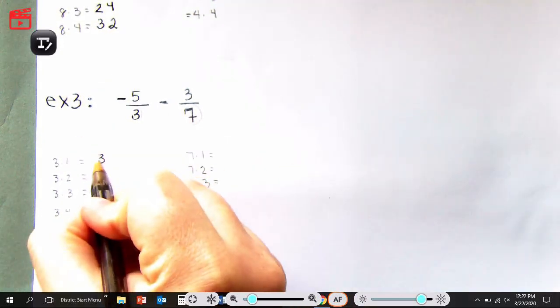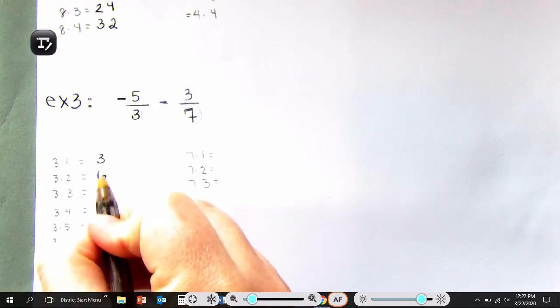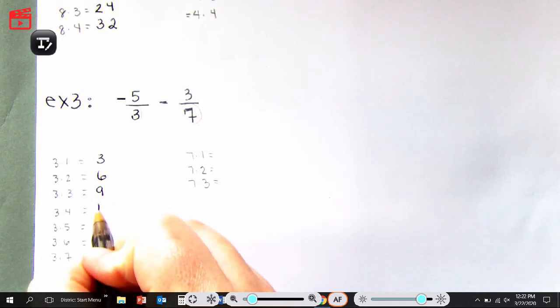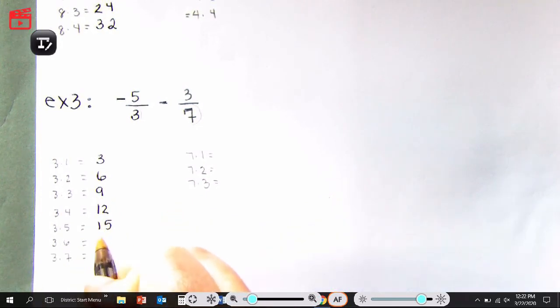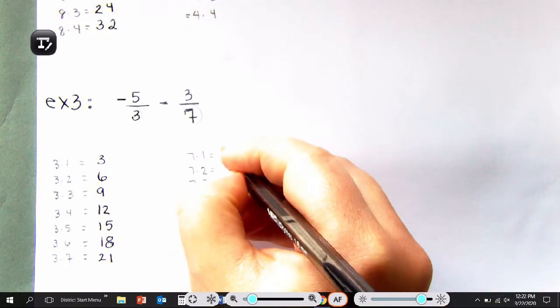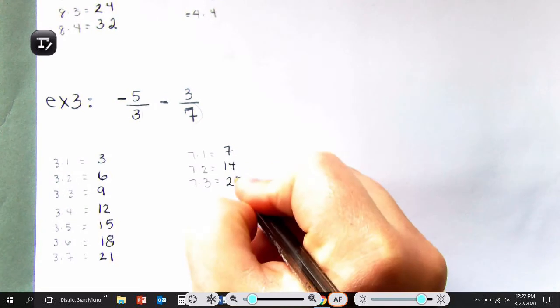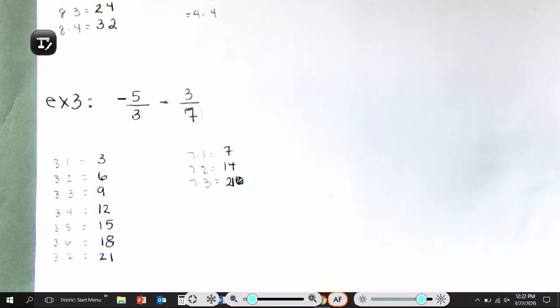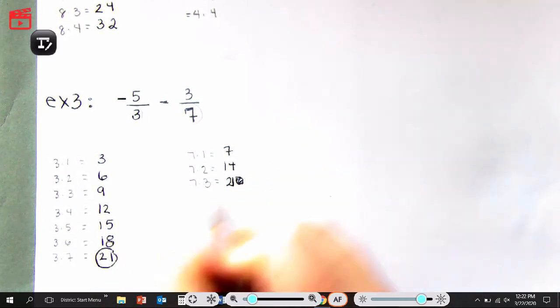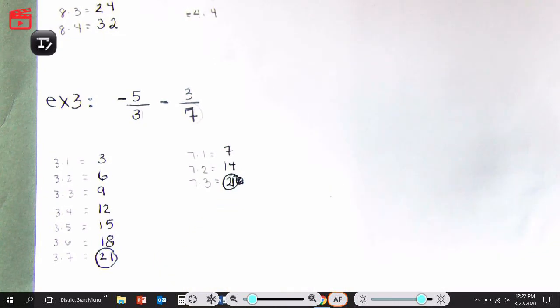3 times 1 is 3, 3 times 2 is 6. I'm just adding 3 each time, so 6 plus 3 is 9, 12, 15, 18, 21, 7, 14, 21. That's a 21. So then my lowest common multiple is 21.